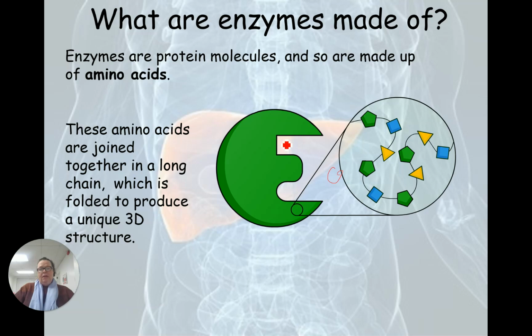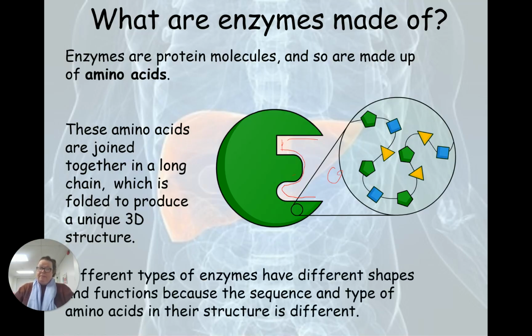Now, as we know, each enzyme has its own shape, and that shape is determined by which amino acids are in the chain. So the enzyme that breaks down carbohydrates might have a different amino acid chain than the enzyme that breaks down proteins, and therefore they'll have a slightly different shape.